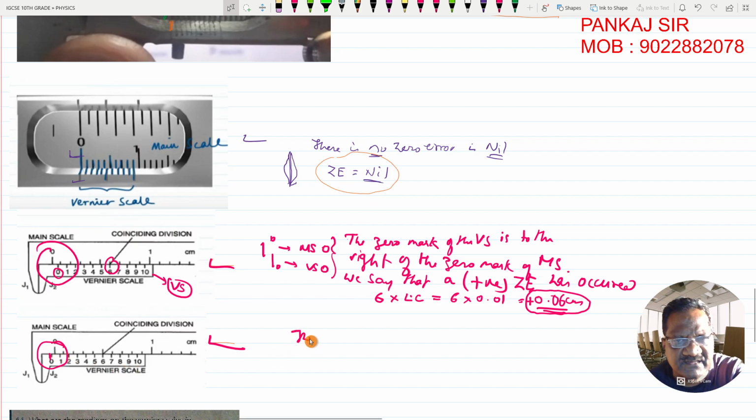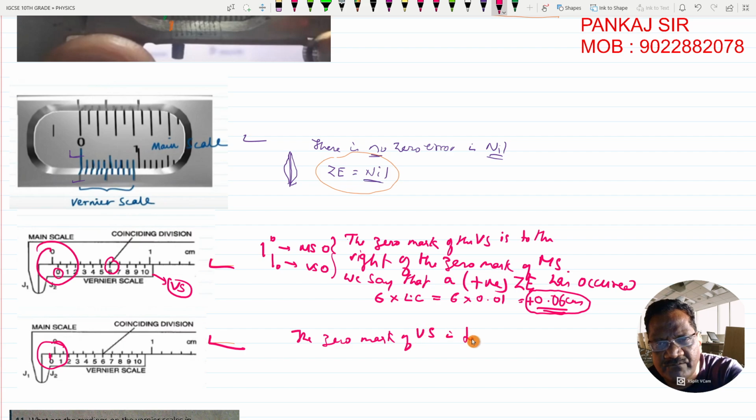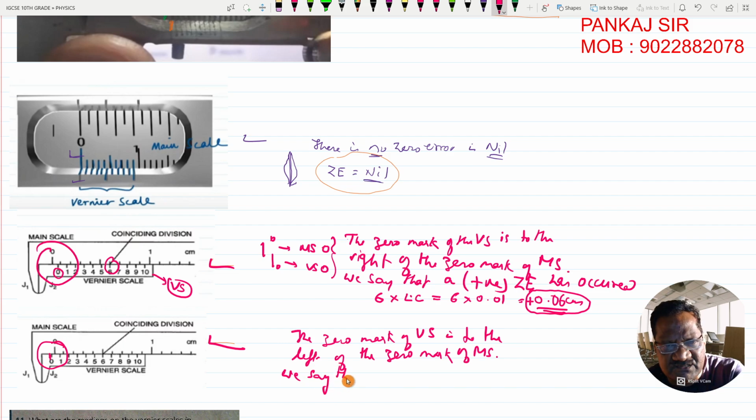So here I can say that the 0 mark of the vernier scale, this time, is to the left of the 0 mark of main scale. Now, in such a situation, we say that negative zero error, negative ZE, has occurred.